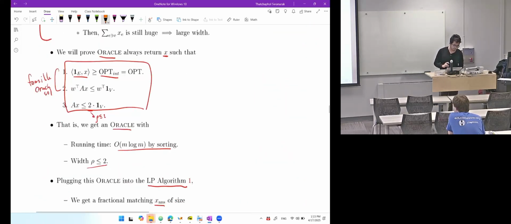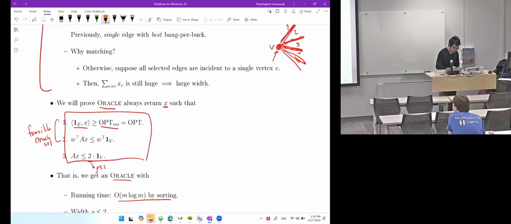When we pick 1, this is going to be 1, but this is just going to be at most over 2. But we want this to be close, at least this much.